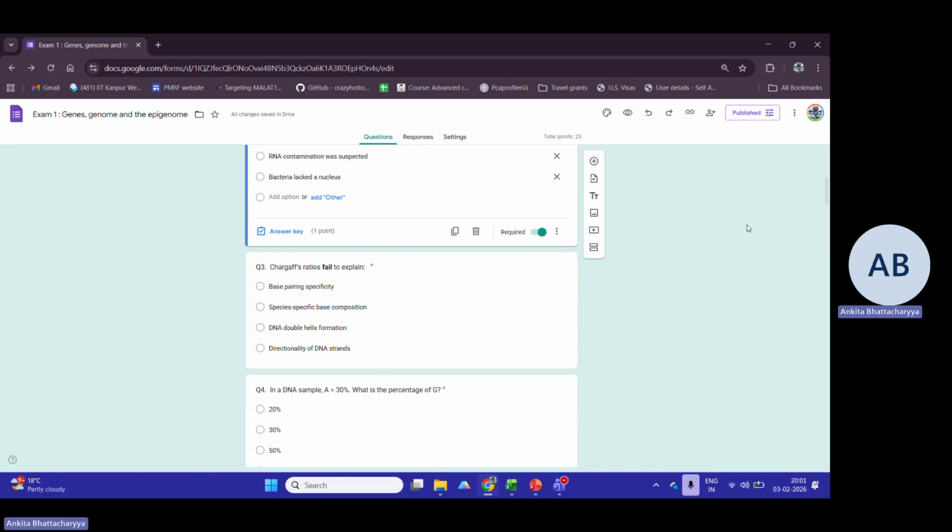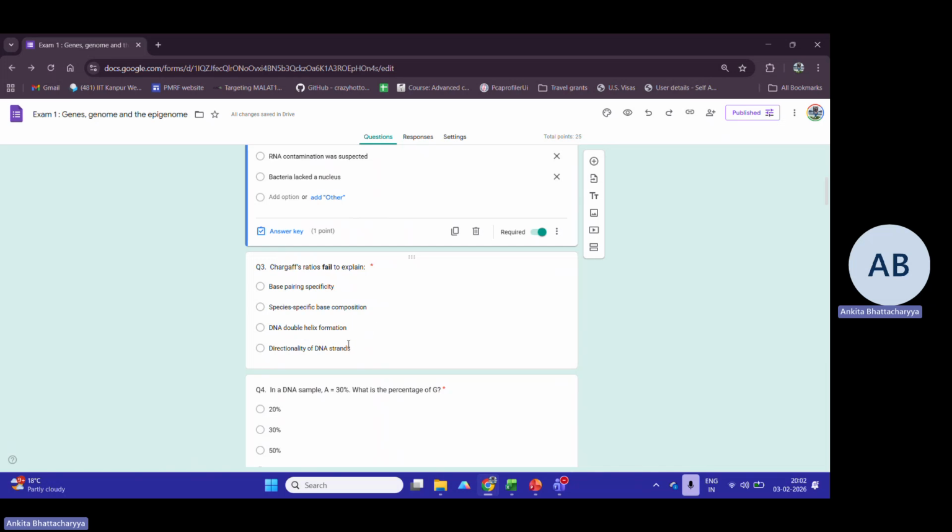If you remember the rules, usually what we consider the brief or the summary of those rules are that A equals T and G equals C. So, based on that principle, DNA complementarity and DNA structure and the stability of the entire structure, everything is reliant upon that simple rule. But which of these following things does this ratio actually not even address?